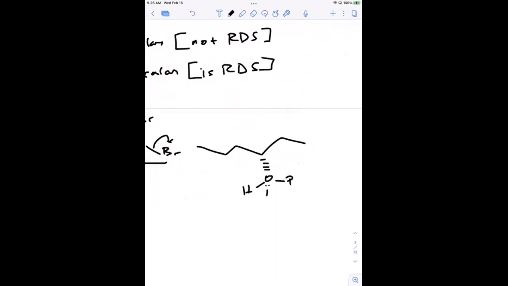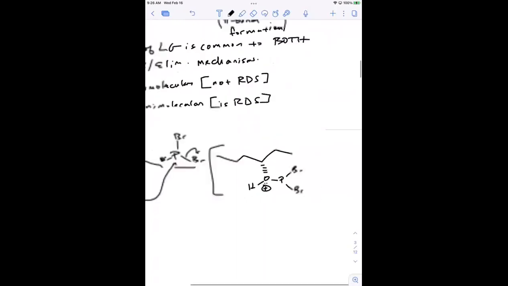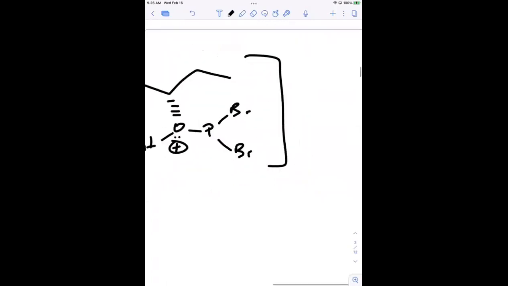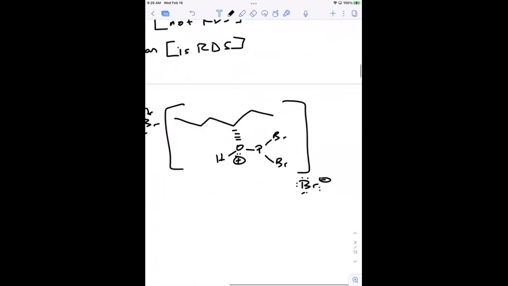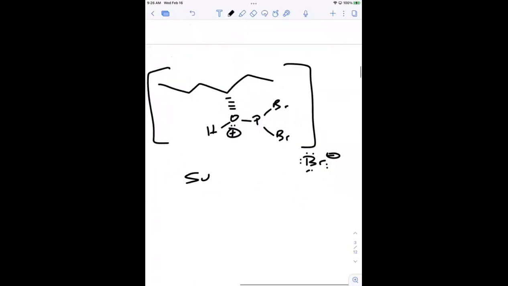All right, so that's that intermediate. That is a chiral center. Do you agree? Yes. And then the bromine is out here. Right, so it's this stage of the reaction where the substitution happens.